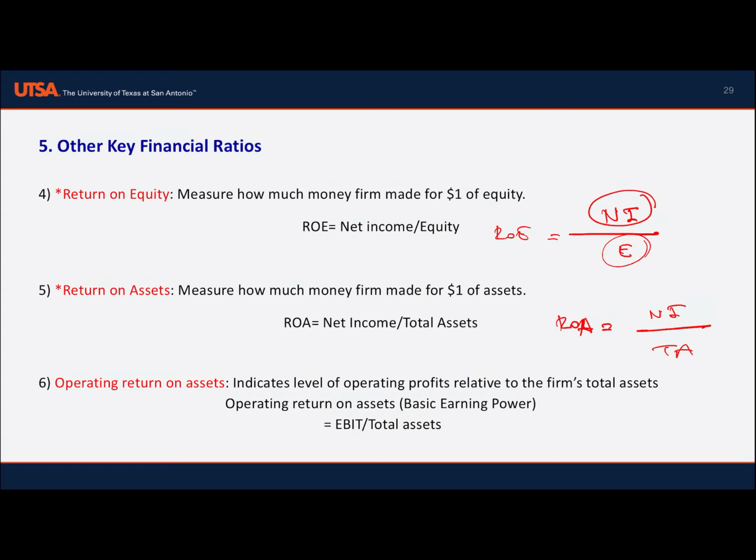Operating return on assets indicates the level of operating profits relative to the firm's total assets. So operating return on assets is earnings before interest and tax over total assets. You will have these formulas and definitions in your exam.